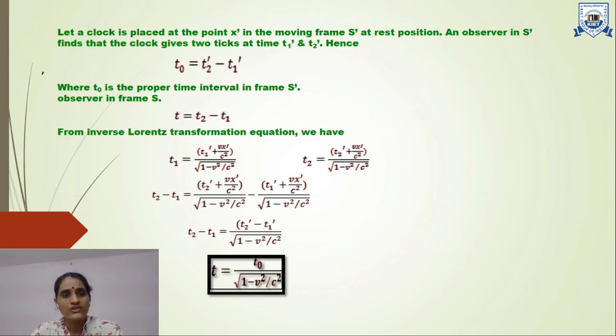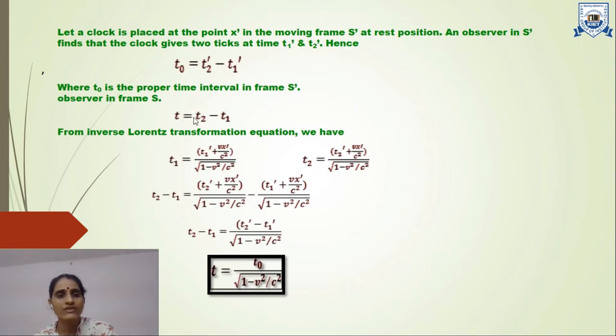So here we use the inverse Lorentz transformation equations. The inverse Lorentz transformation for time is written as t equals t dash plus v x dash upon c square, whole divided by root 1 minus v square by c square. That is the general equation.